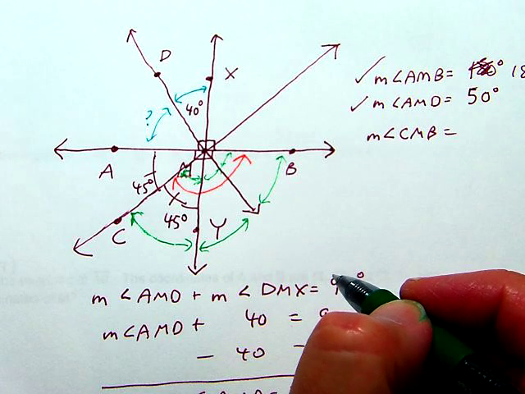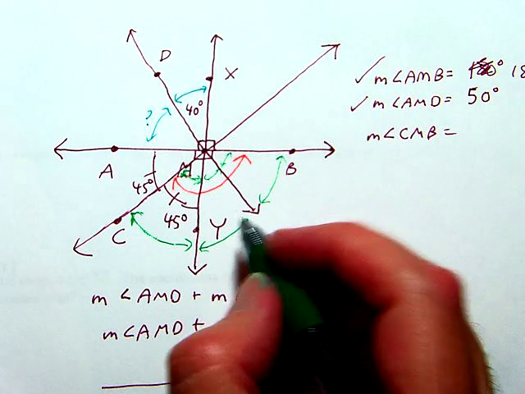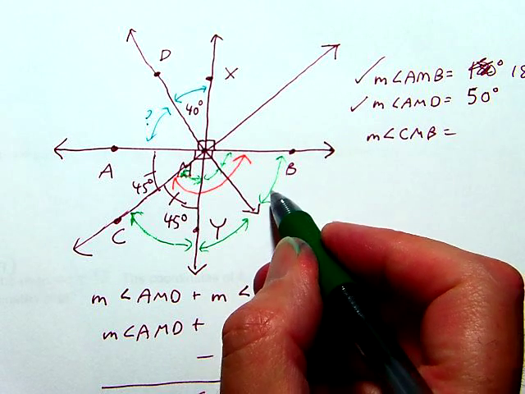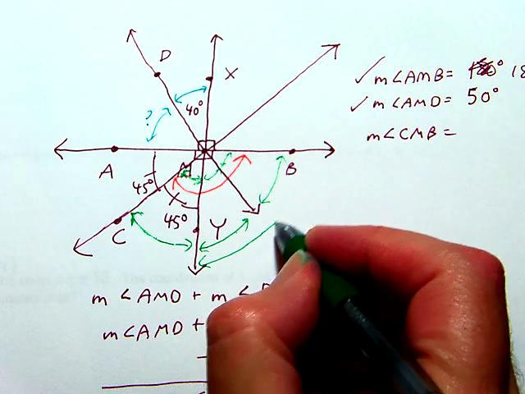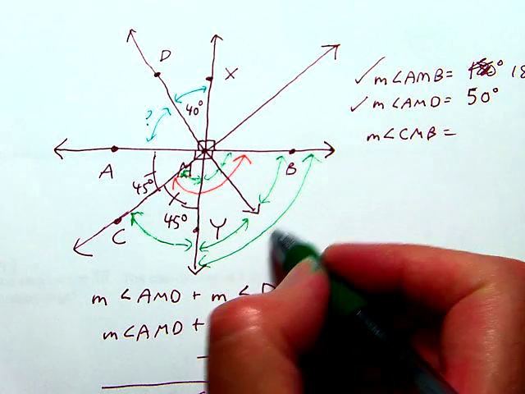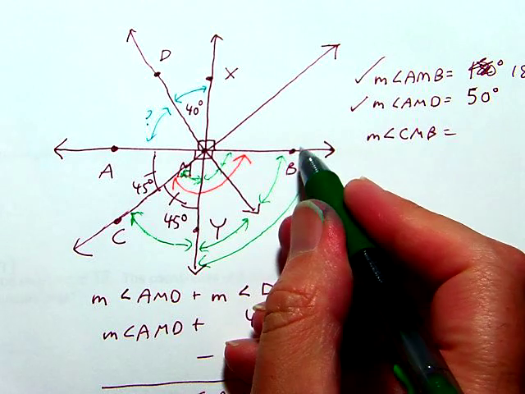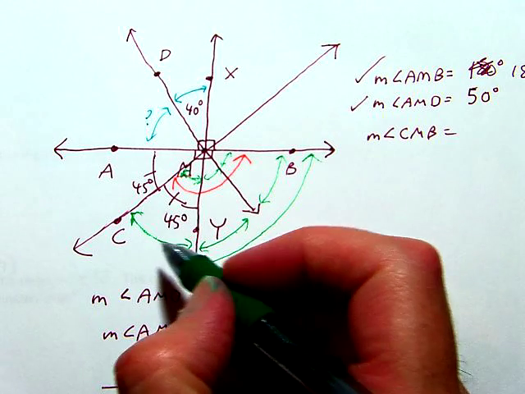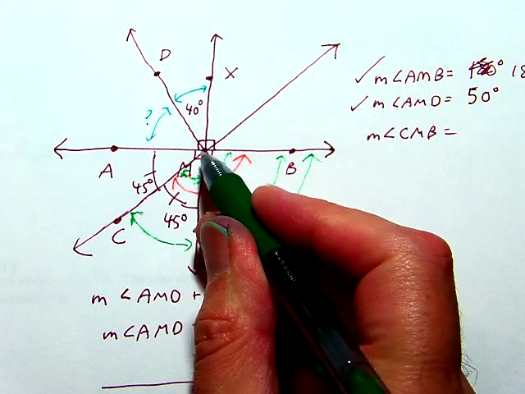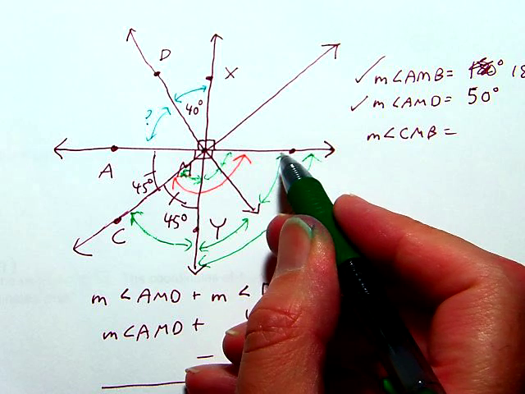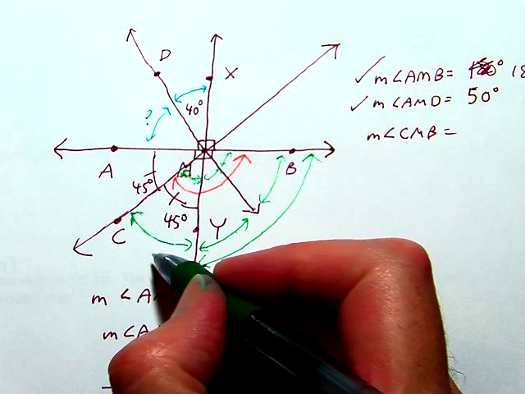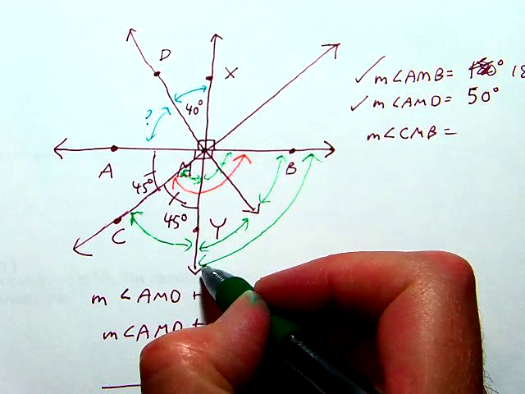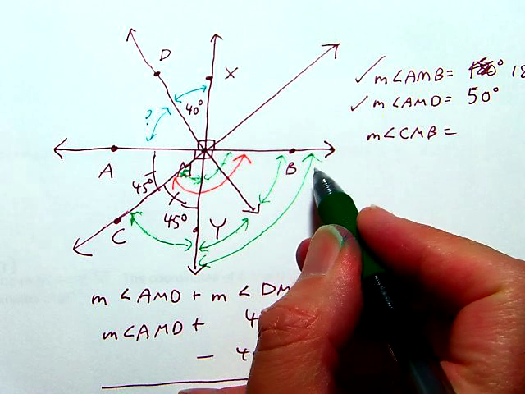But I think it's a little bit more interesting and easier to notice that the sum of these two angles is simply this angle here, which is the entire 90-degree angle. Okay, so CMB is actually 45 degrees, which is this angle here, plus this entire angle here, which is 90 degrees.